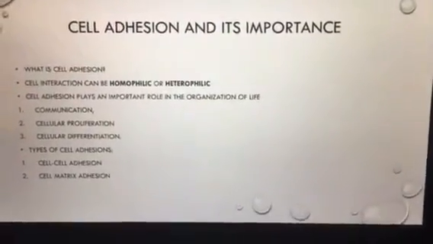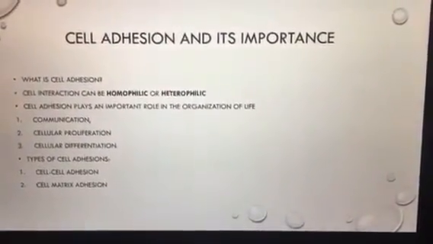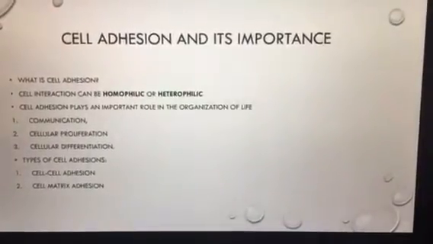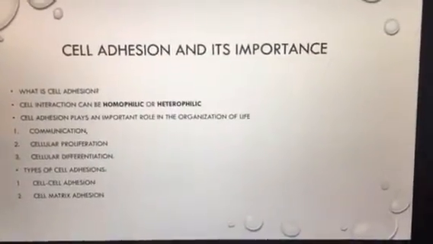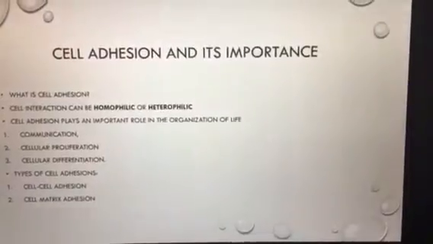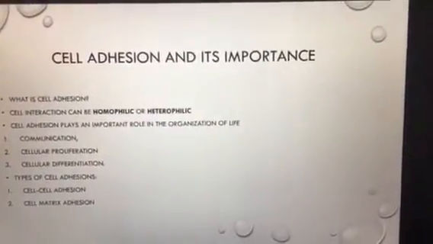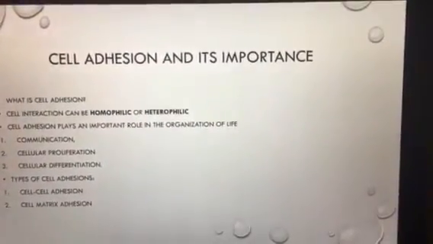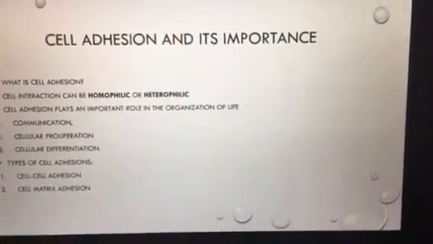Cells attach or adhere to each other to form tissues by means of cell junctions and cell adhesion molecules. So, cell adhesion plays an important role in the formation of an organism.